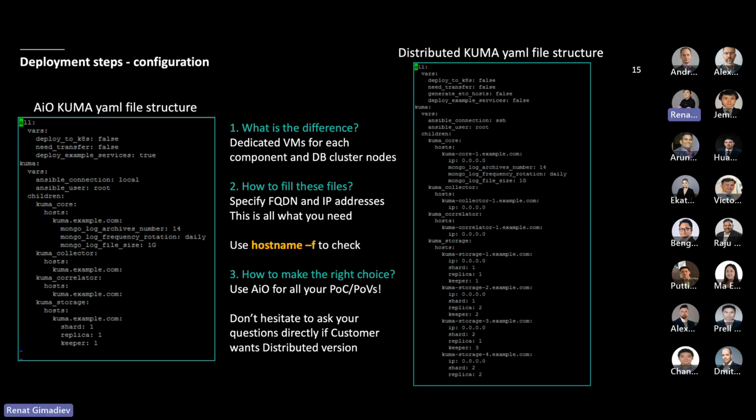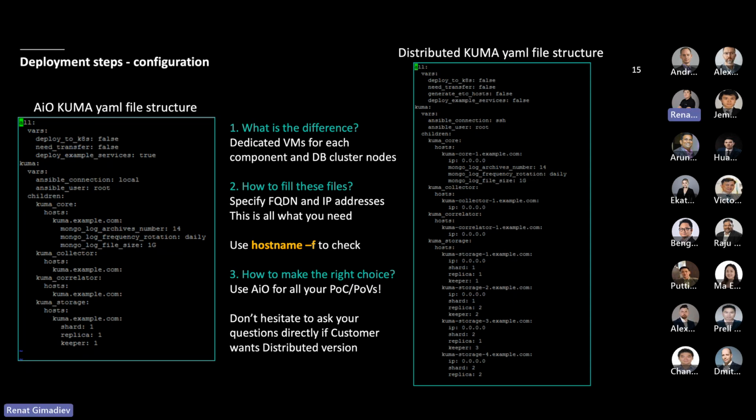We need to specify the IP addresses for each of these system components, and the FQDN for all these components, and this is all you need to do with these files. By default, deploy example services is set to true, so if you didn't change it, it will stay the same.